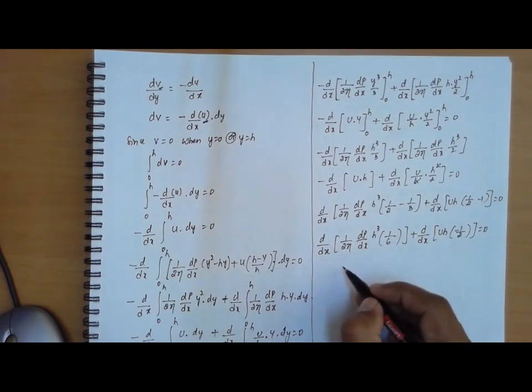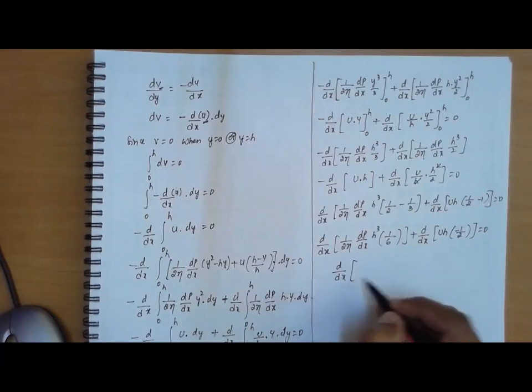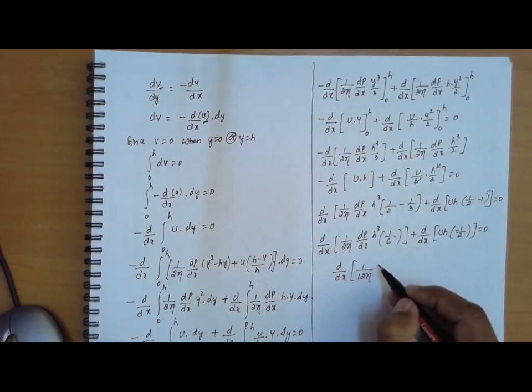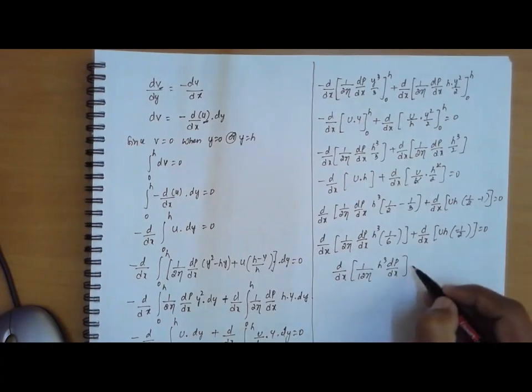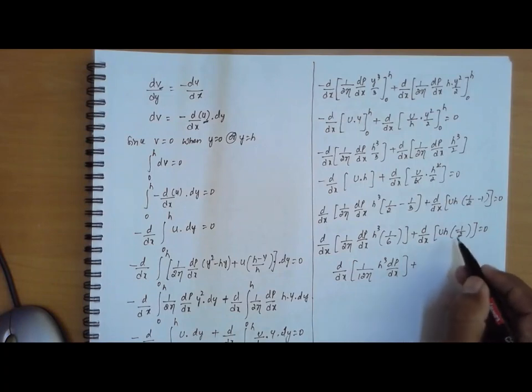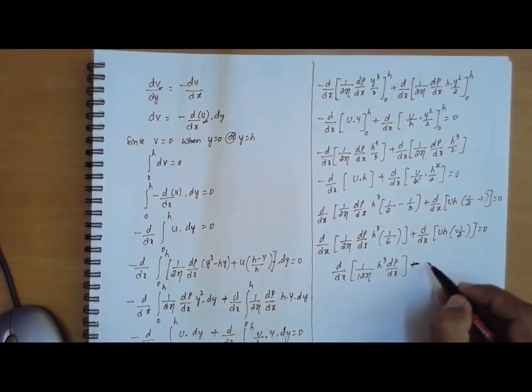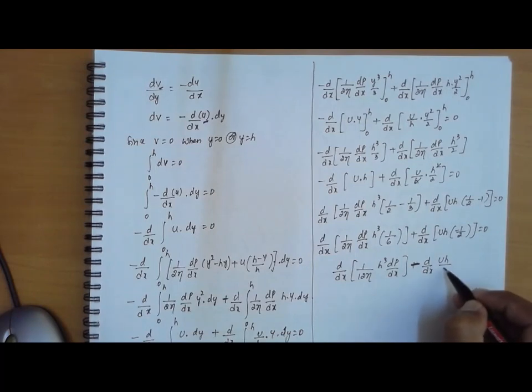So this will now become d by dx of 1 over 12 into eta h cube into dp by dx, minus d by dx of u into h by 2 equals to 0.